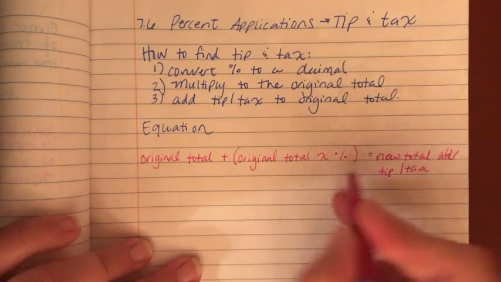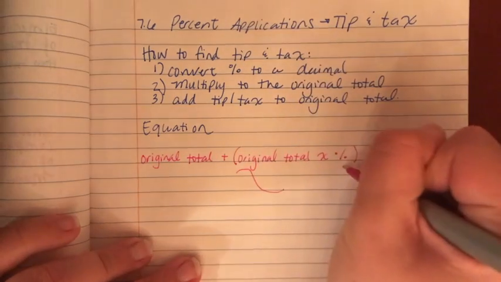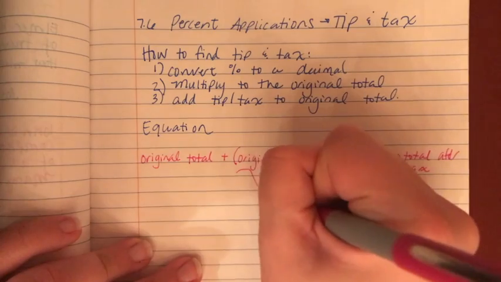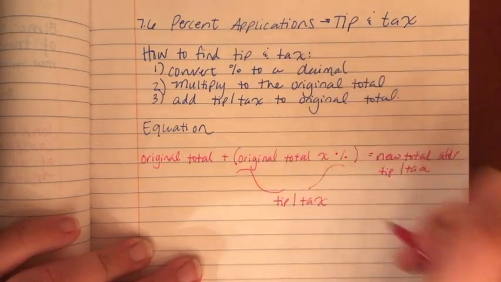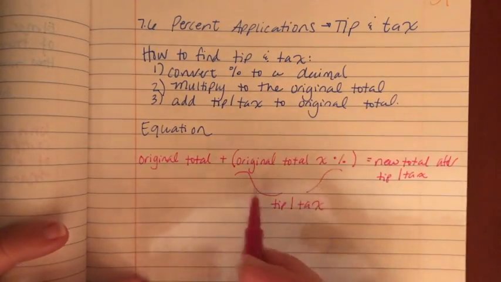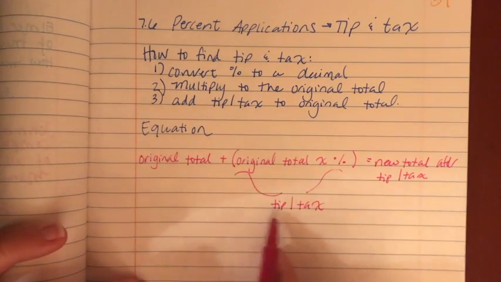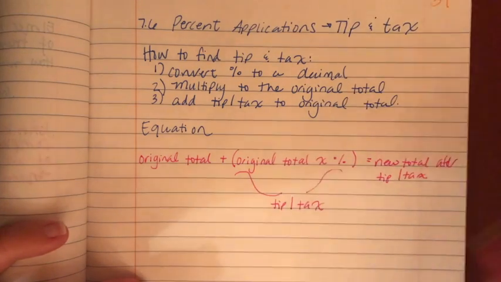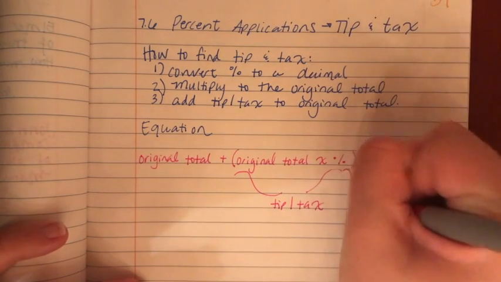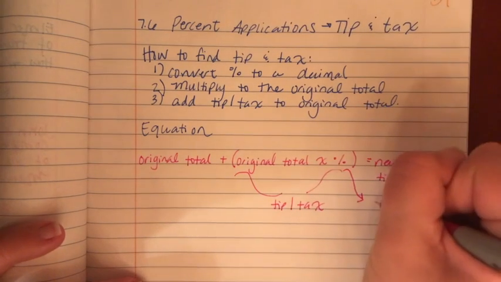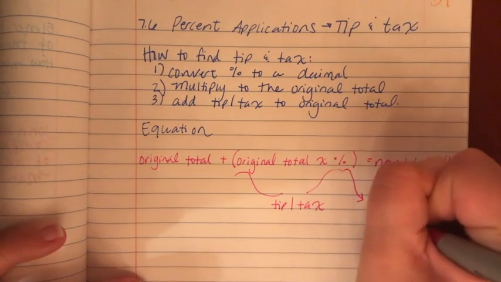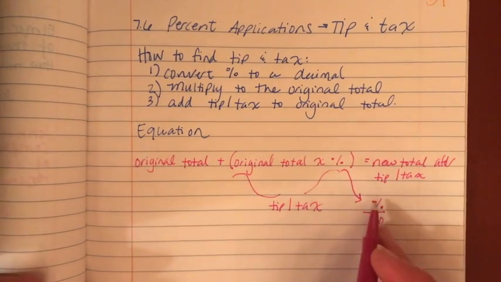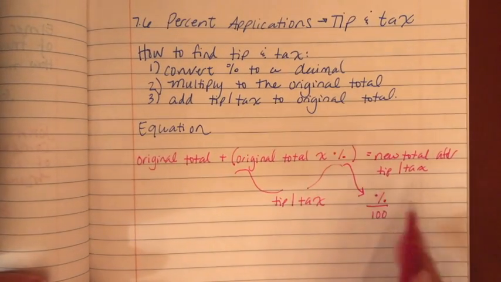The parentheses part gives us the tip or tax, and then we add it to the original so that we get the new total. To get the percent as a decimal, we take the percent value divided by 100.